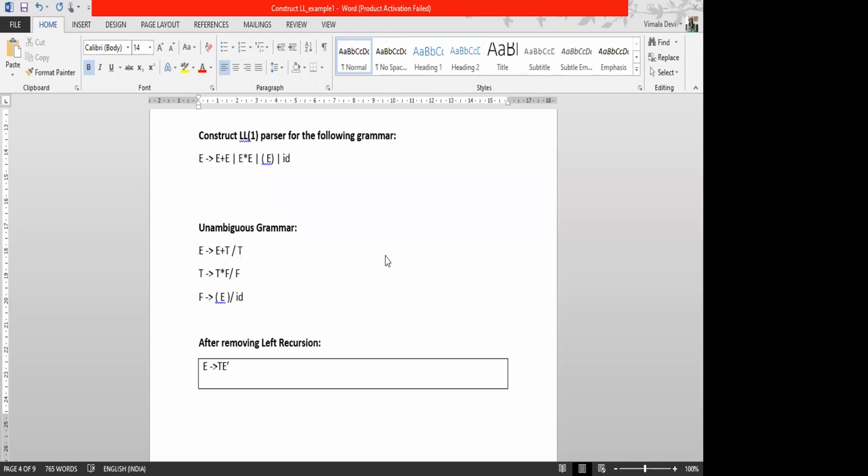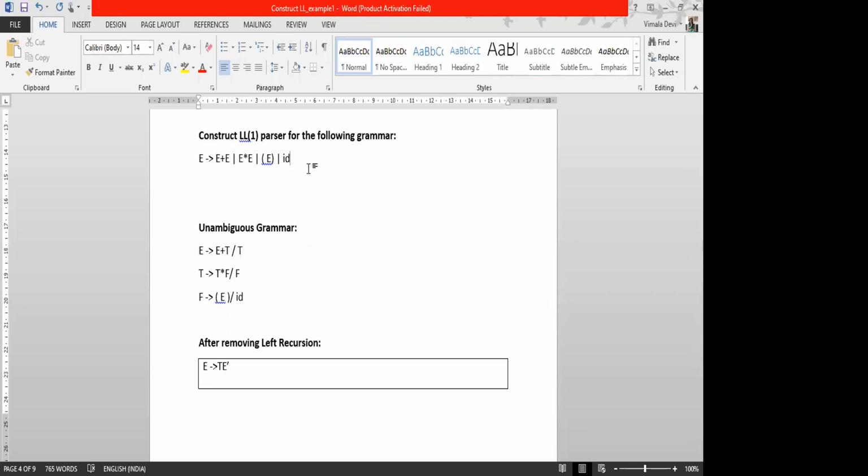Now I want to remind you of the important points. When the question is asked to you like this, you cannot build an LL1 parser on this grammar because this grammar is ambiguous. Which grammar is suitable for top-down parsing? The grammar which is unambiguous and free from left recursion is suitable for top-down parsing.